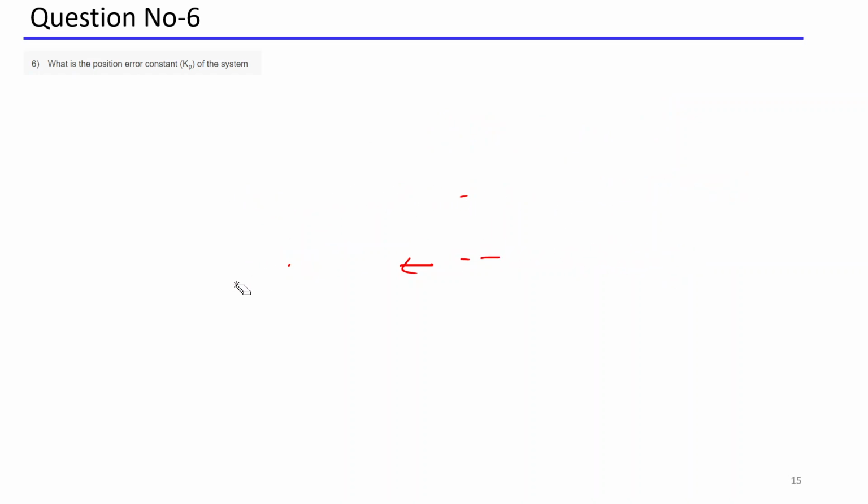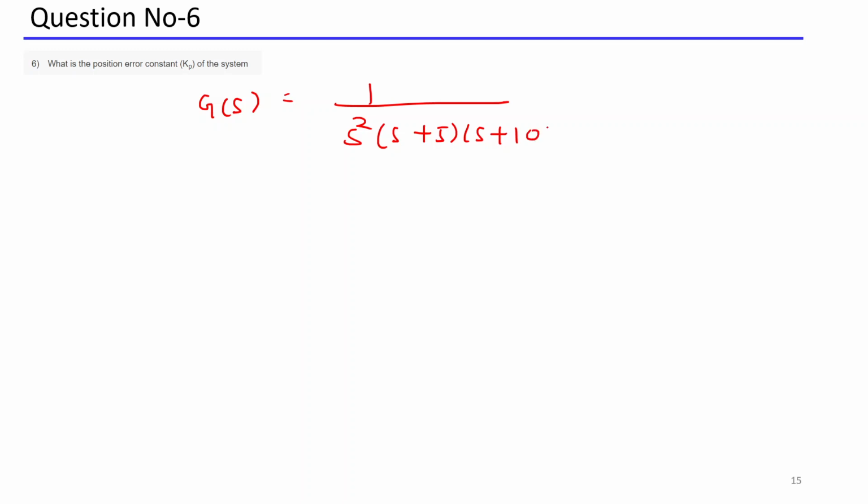Let's give an example: G of s equals 1 divided by s square into s plus 5 into s plus 10. This is type 2, right?